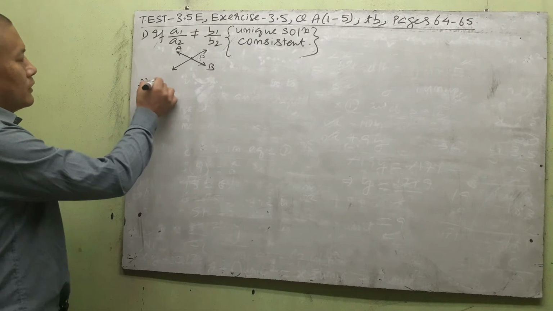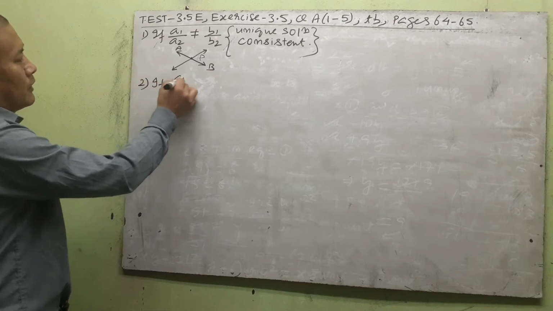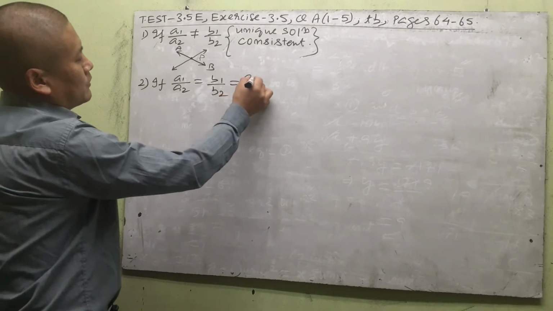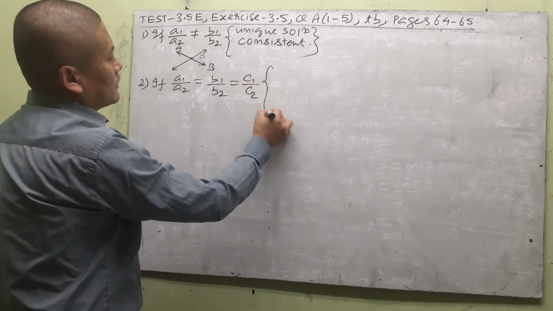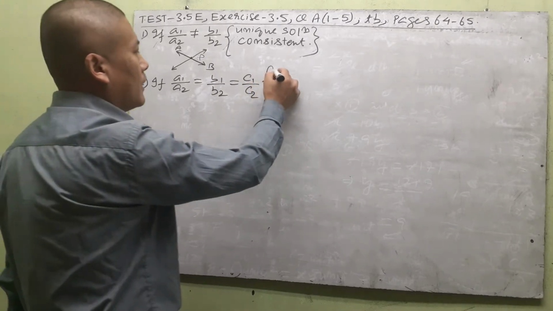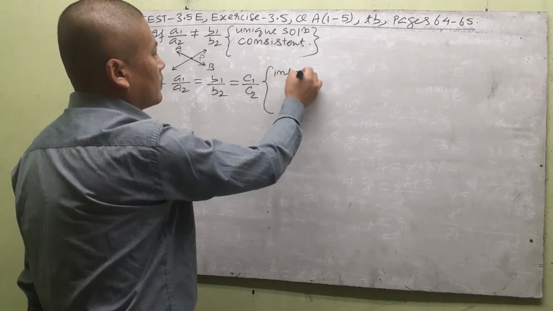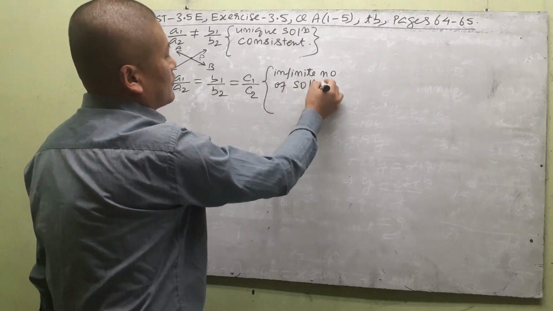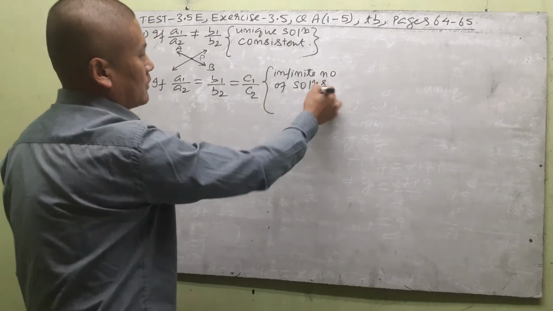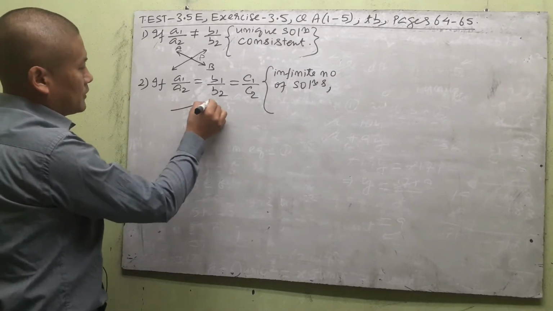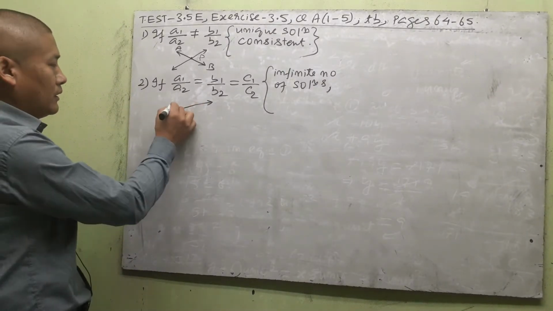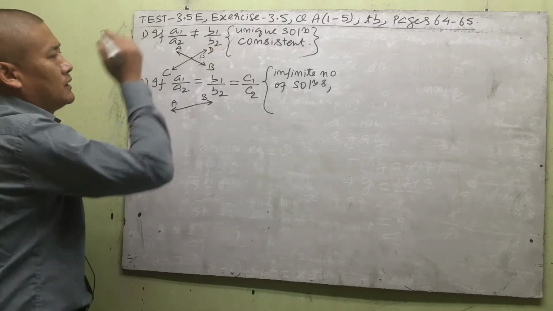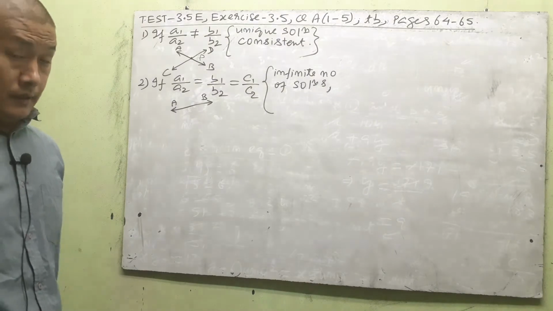Then the second condition I would like to put this way: if a1 by a2 is equal to b1 by b2 is equal to c1 by c2, then we know the pair of linear equations have infinite number of solutions, countless number of solutions. In such a case, if you draw the graph of the first equation, it will come out like this straight line, AB. So here AB represents the graph of the first equation, and CD, let us say, represents the graph of the second equation.